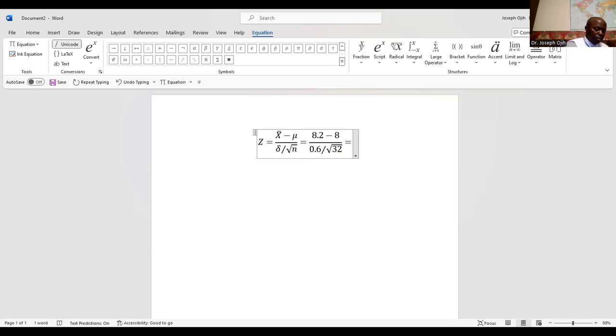Let me write this down, and then we can put it on the calculator. 8.2 minus 8, divided by 0.6 over the square root of 32.